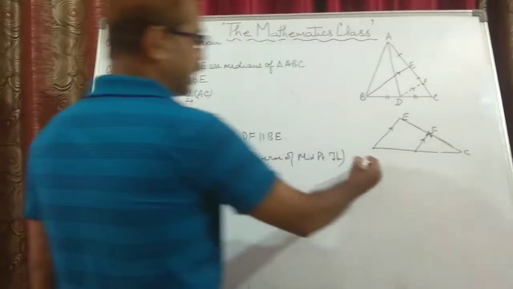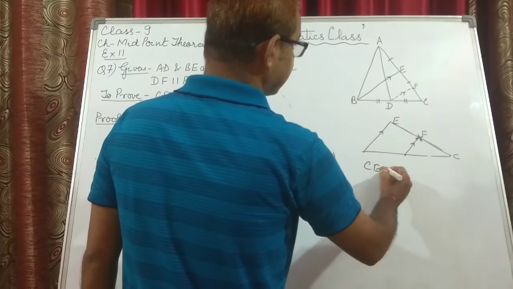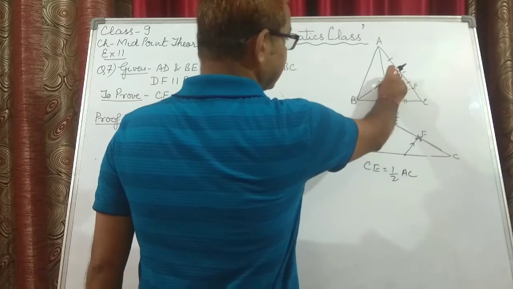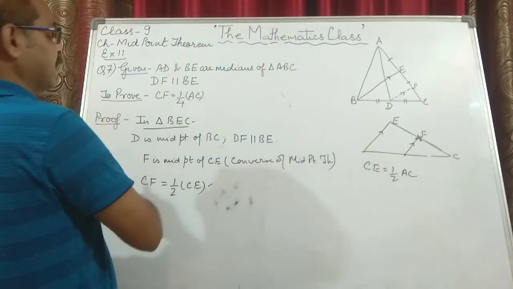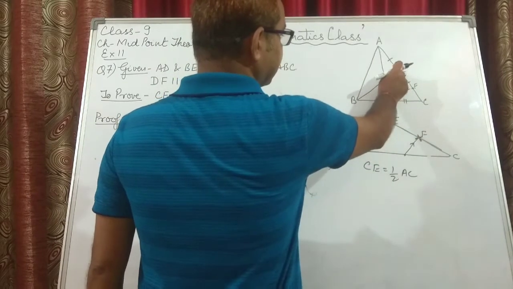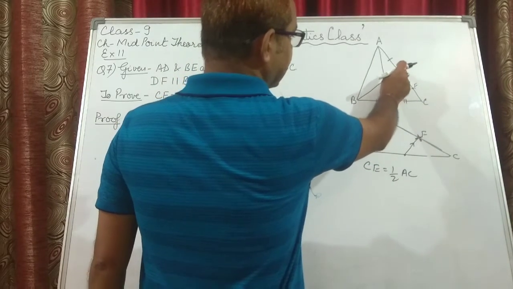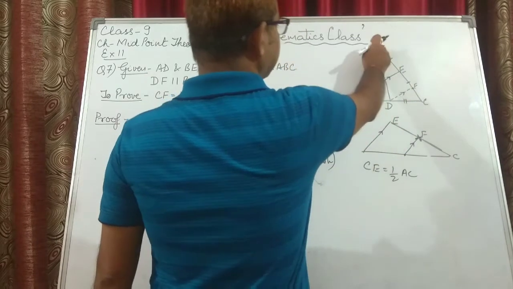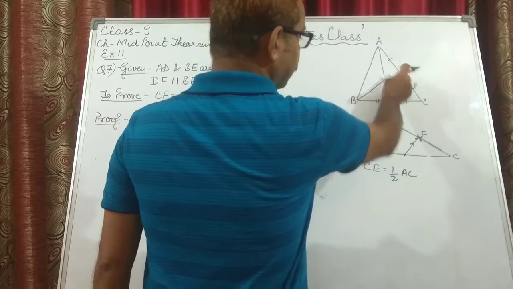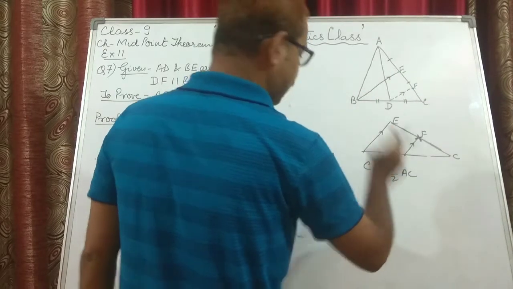But we know that CE is half of AC. What is the reason? Because E is the midpoint. It is given that BE is the median. If BE is the median, then E is the midpoint. If E is the midpoint, then EC and EA will be equal, or you can say AC is double of CE, or CE is half of AC.